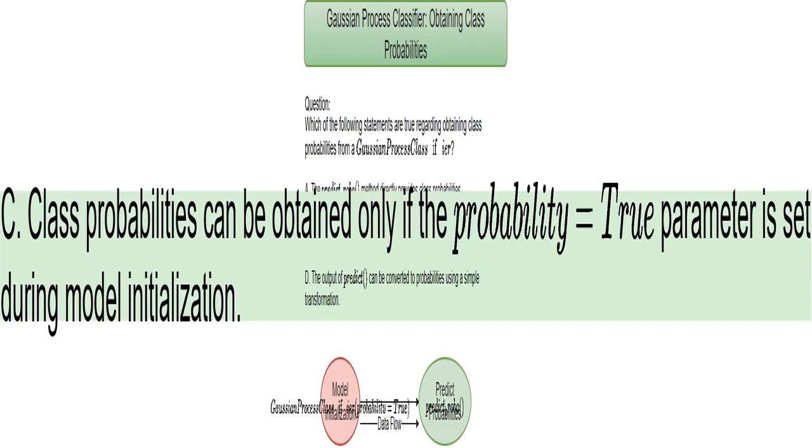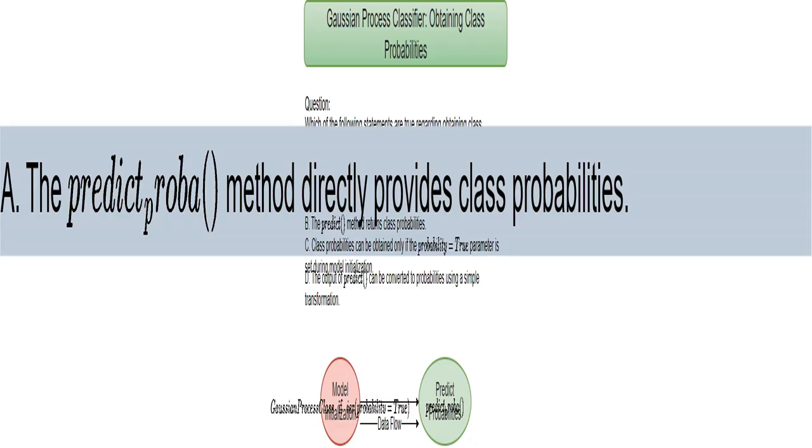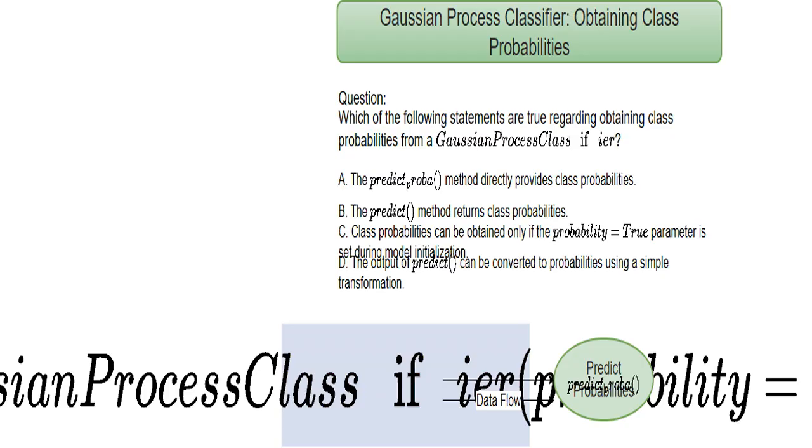I need to set the probability equals true parameter when creating the Gaussian process classifier model. Otherwise, I won't be able to use the predict_proba method to get probabilities, and will get an error. The predict_proba method gives me the class probabilities. But remember, only if I set probability equals true when I built the model. This is the method I use to get the class probabilities.